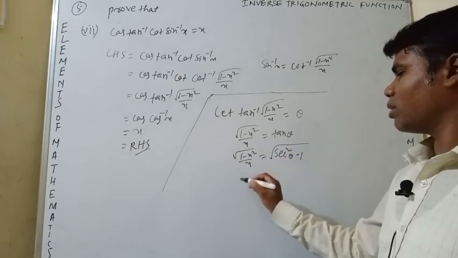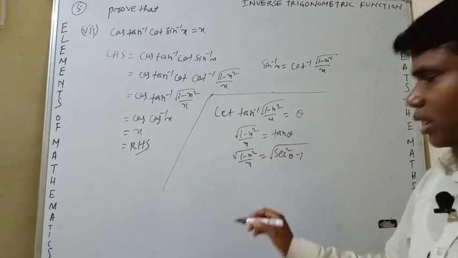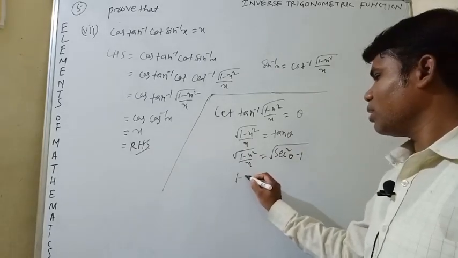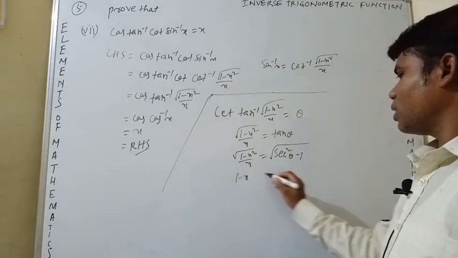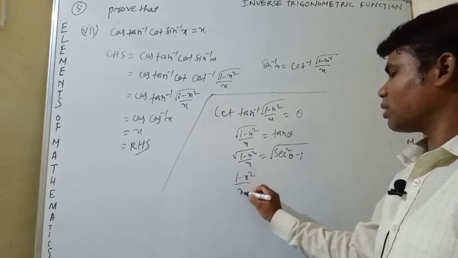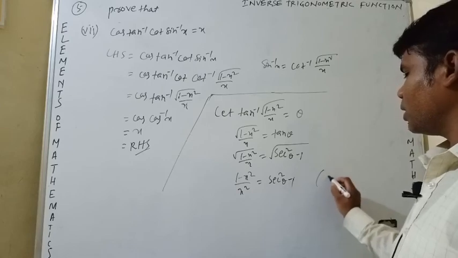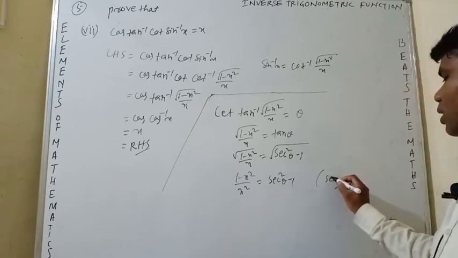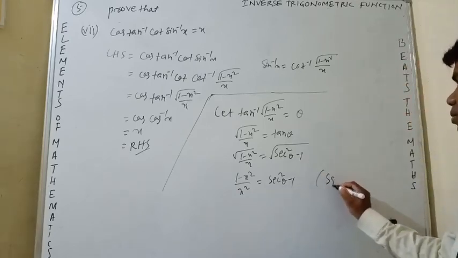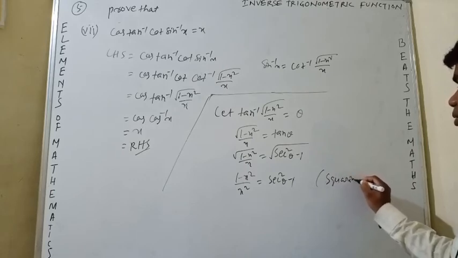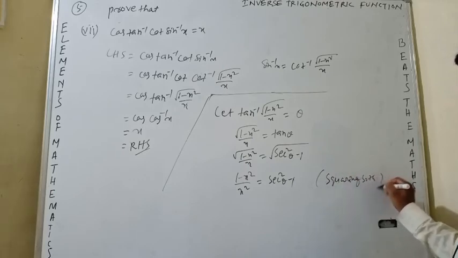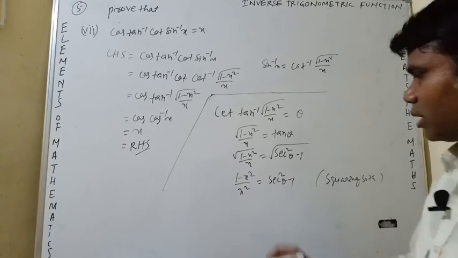Okay, squaring both sides, that is 1 minus x square by x square is equal to sec square theta minus 1. This is squaring both sides, we can get this.